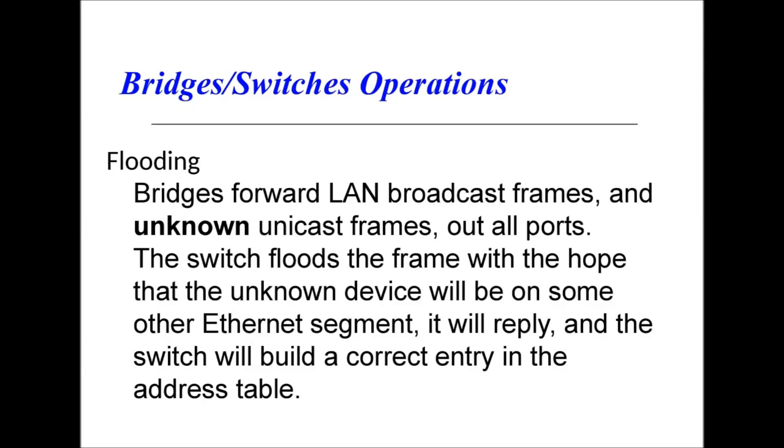So this is the concept of flooding, and both the switch and the bridge perform the function of flooding to obtain the required MAC or physical address of the desired devices.